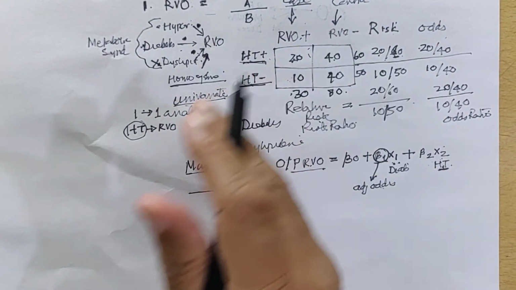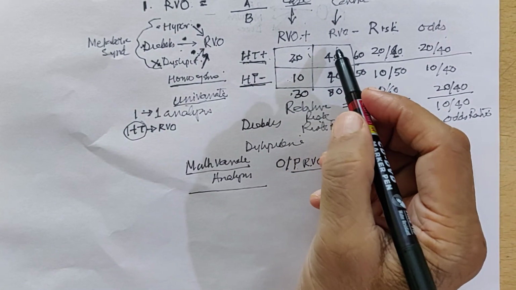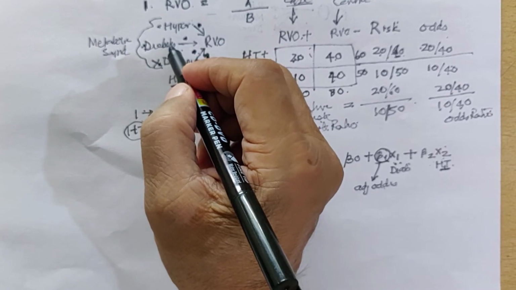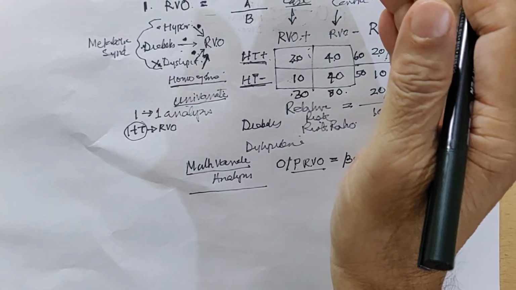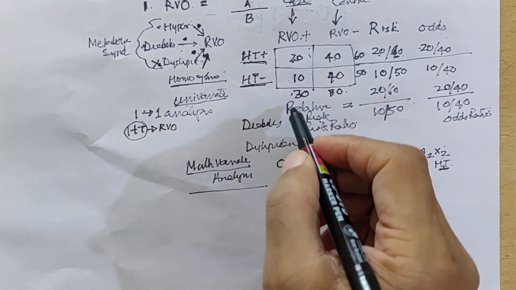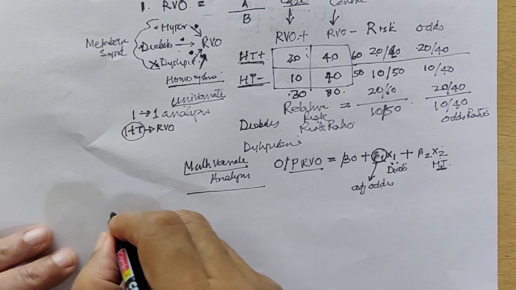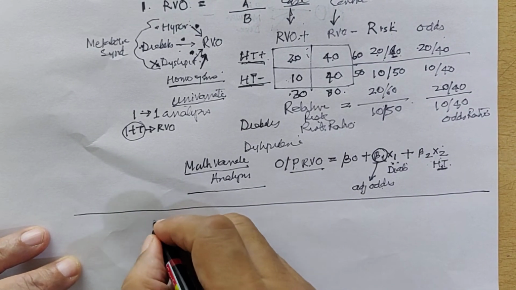So those patients coming to Sitapur Eye Hospital who do not have RVO and in whom you have tested for hypertension, diabetes or dyslipidemia, you can take those age and sex matched as controls of patients having RVO. So this was what was discussed in number 1.